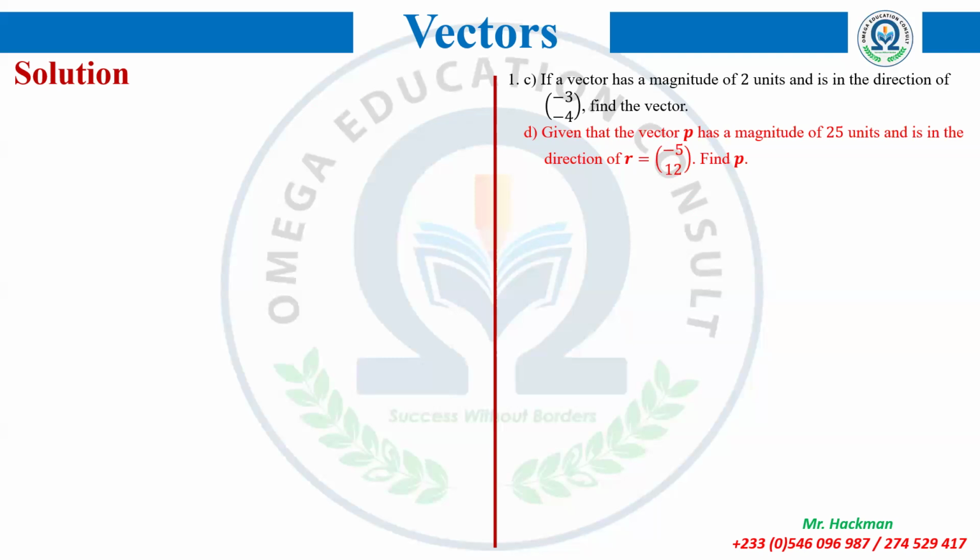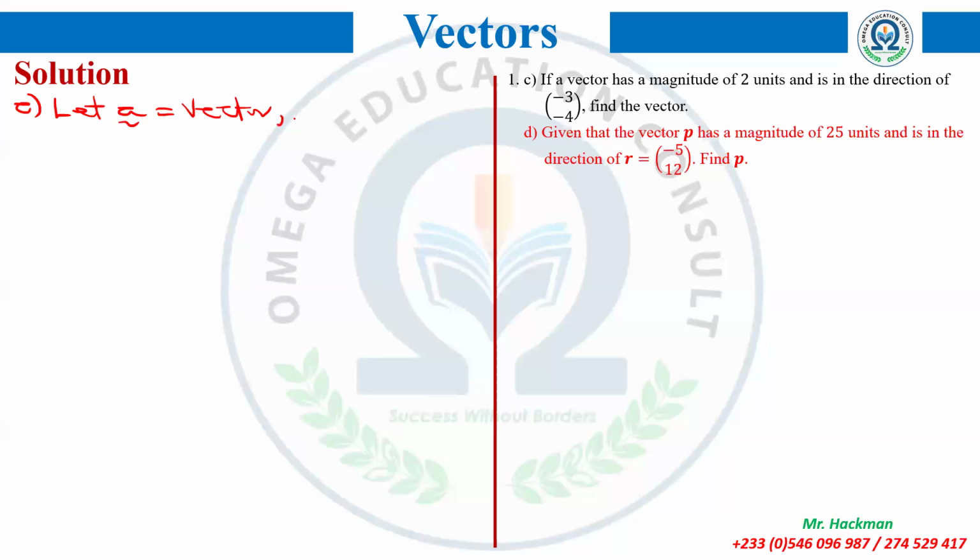So I am going to look at the C. In this case, I've been given the magnitude of the vector. So let me introduce A to be equal to the vector that I'm looking for.